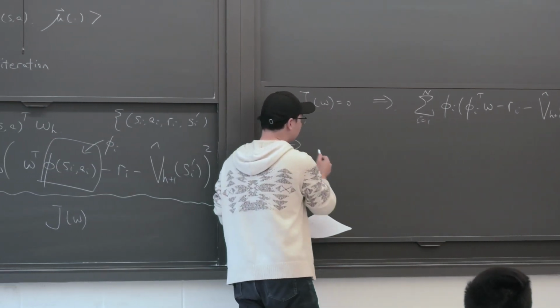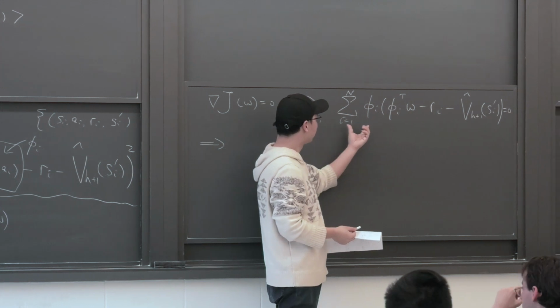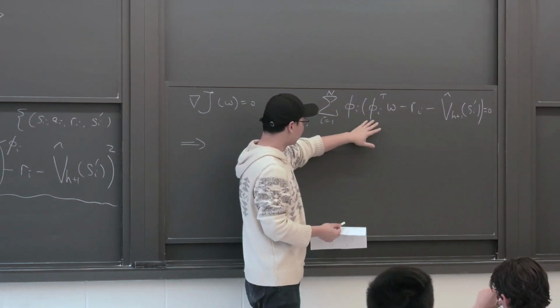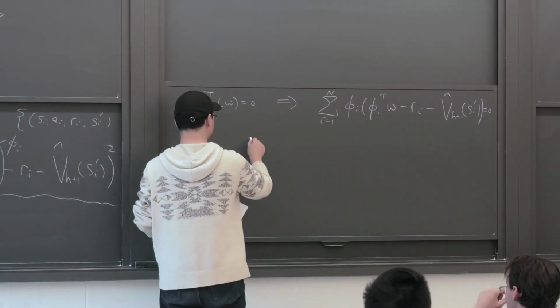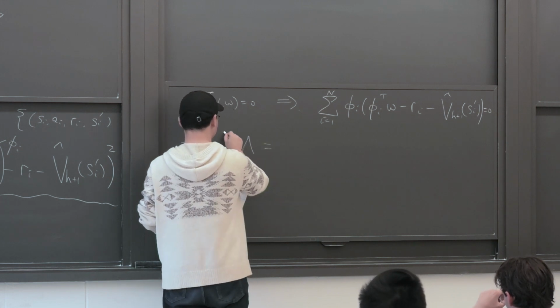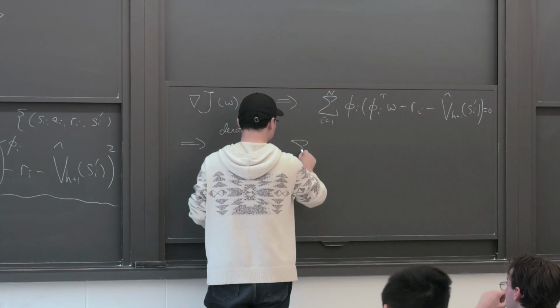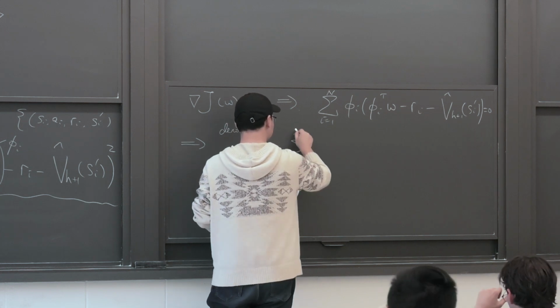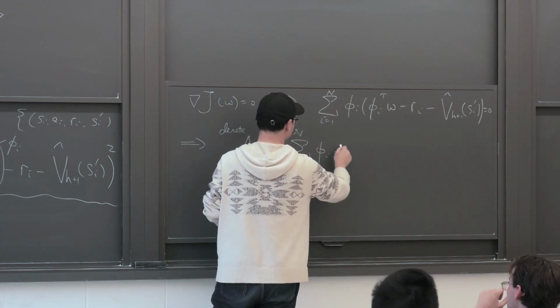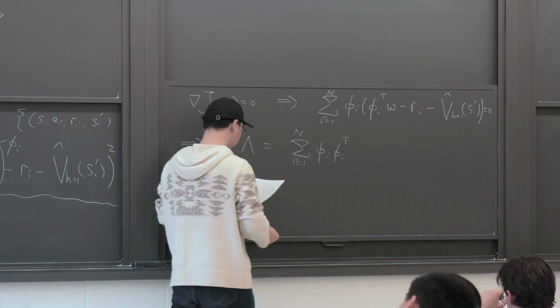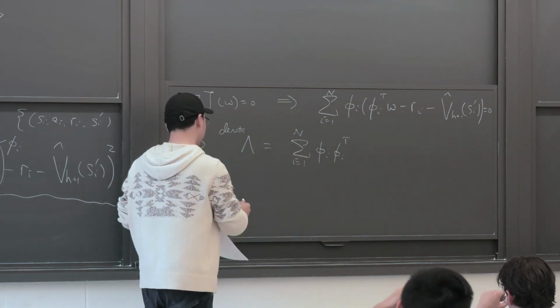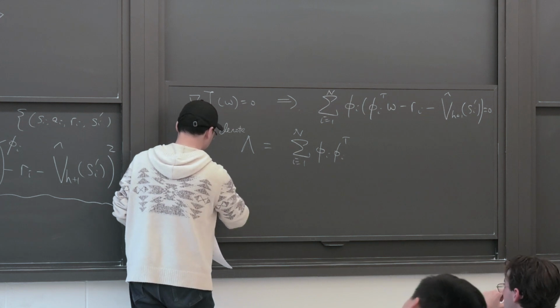You can make this thing a matrix. Let's denote Lambda equal to summation i from 1 to n of phi_i phi_i transpose. We can directly solve this w_h hat.